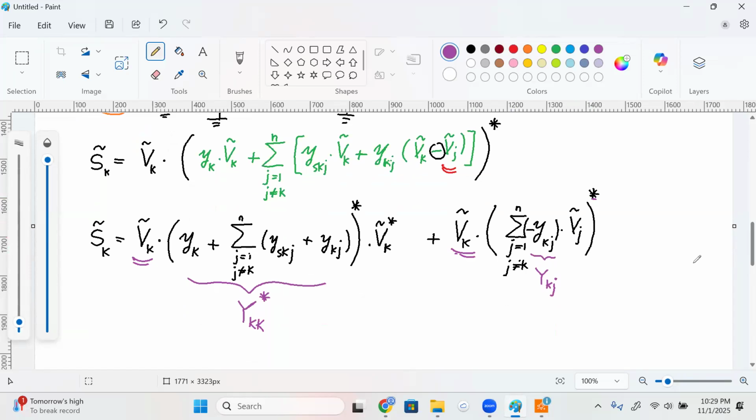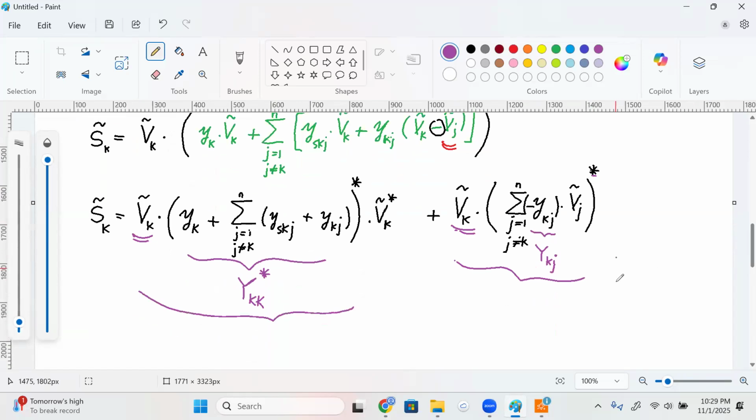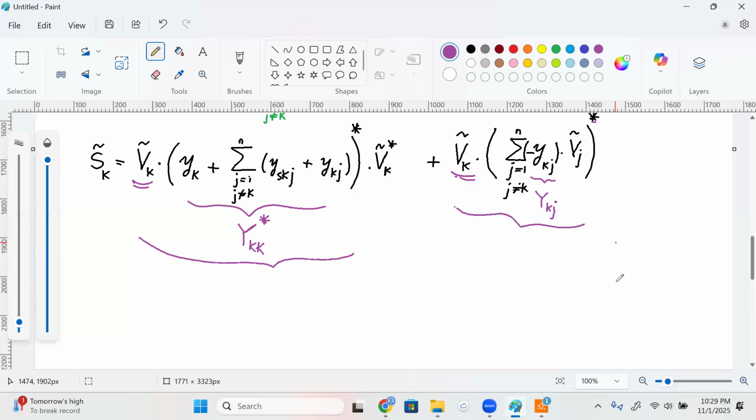If I combine this term with this term, I basically get a short form for it, which would be S tilde at bus K, the net complex power injected into bus K, which in fact has two terms, the real part and the imaginary part.